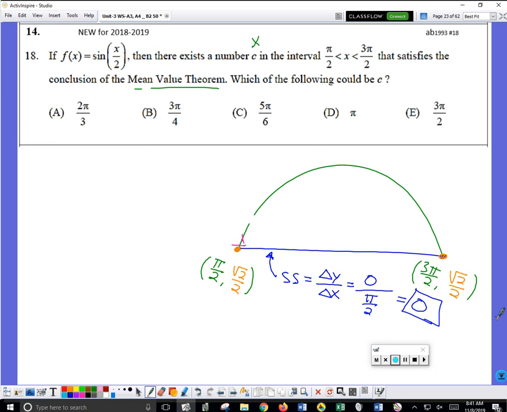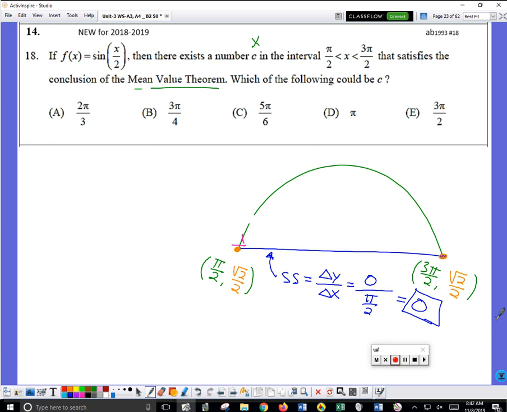So memorize, you can't find the slope at an endpoint. Therefore, you cannot satisfy the mean value theorem at an endpoint, because you can't find a slope at an endpoint. It's a mathematical technicality. That's part of the theorem. Just memorize that, though. You don't need to know any more about it than that.